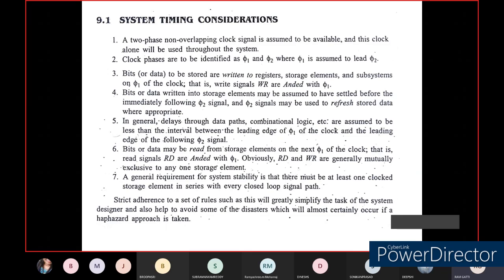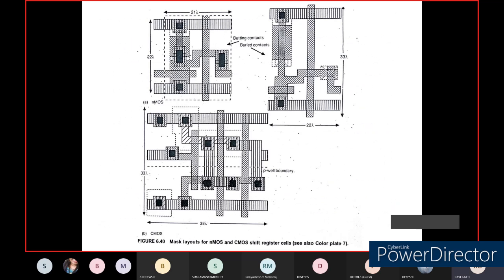Whether the read pin and the write pin are associated with one phase, that is phi 1, and how this read pin and write pin act upon a single storage element, so that reading and writing of the elements is done successfully. These are the timing constraints we need to consider when we are working on the storage elements of your VLSI subsystem.